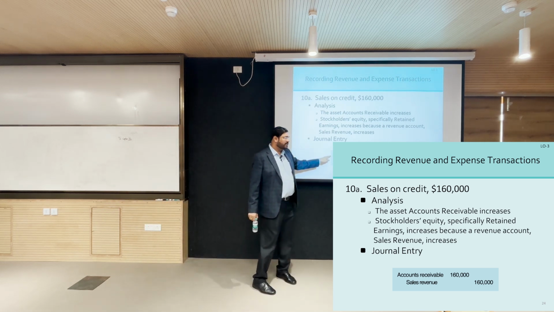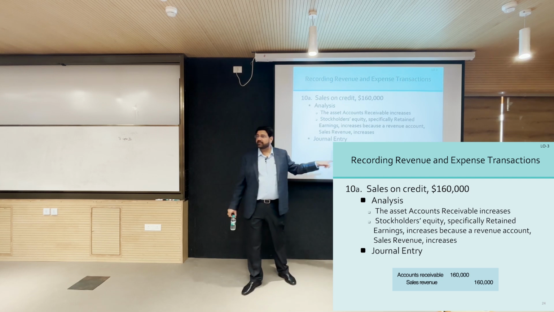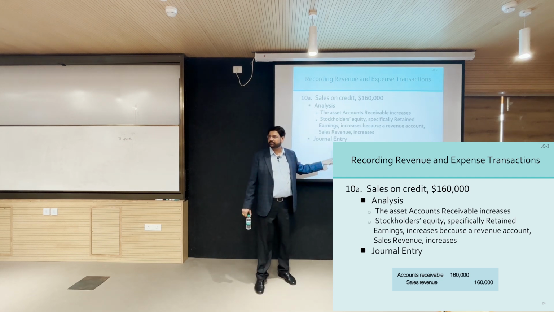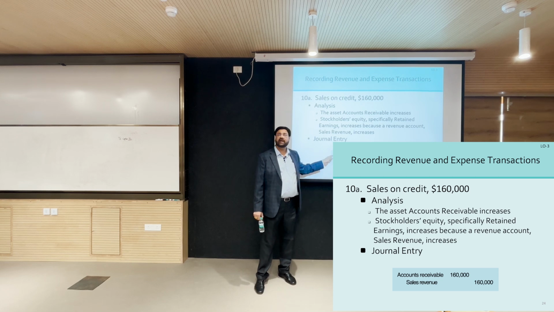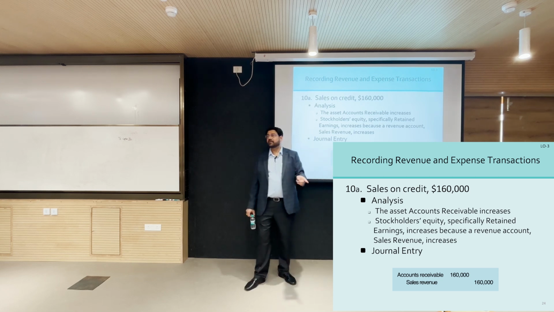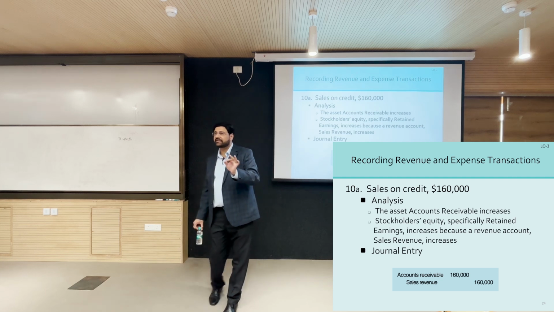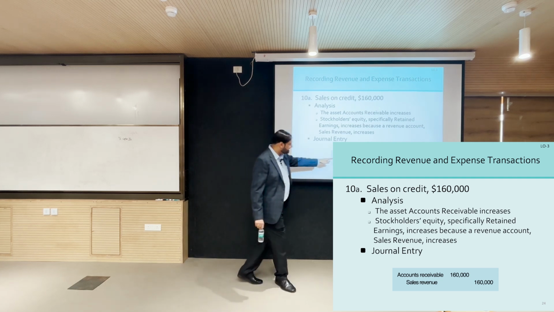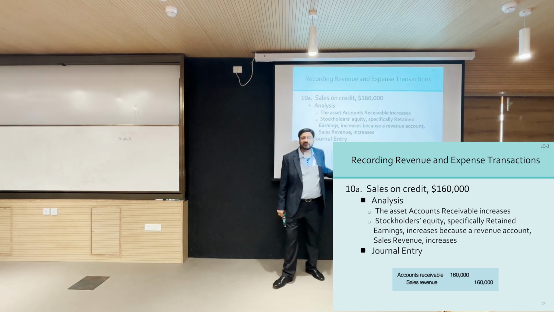So, if it was a cash sale, cash as an asset would have gone up, so cash account would be debited, but since it is a credit sale, account receivable is also an asset which has gone up and that account is debited. So, whether it is a cash sale or a credit sale, it does not matter, sales account is always credited. Did you notice that?